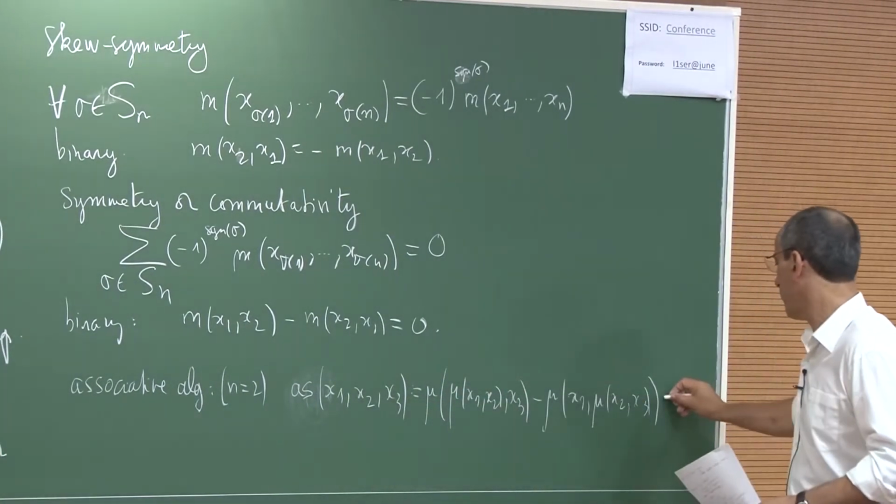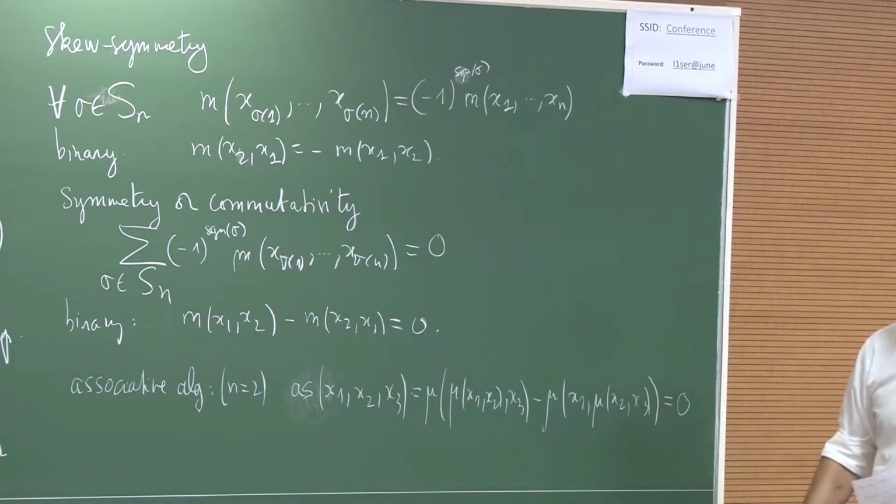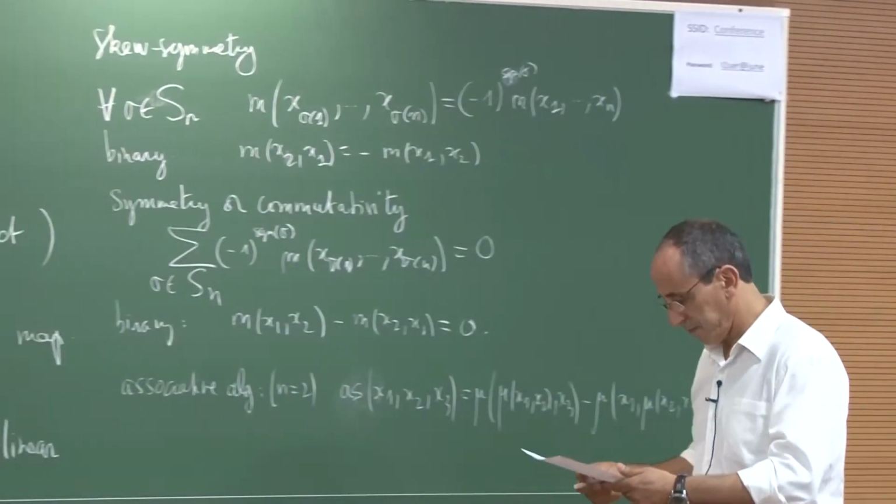This associator should be 0 for associative algebra. This is exactly what you know.